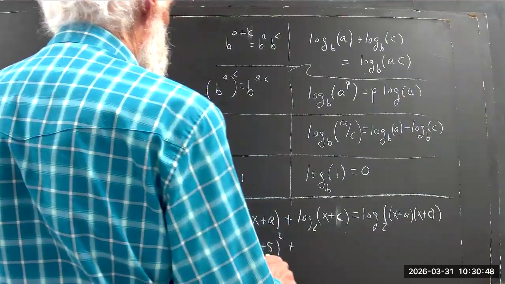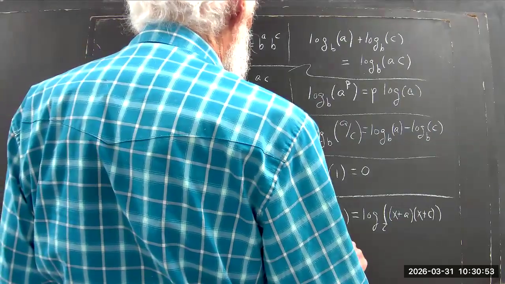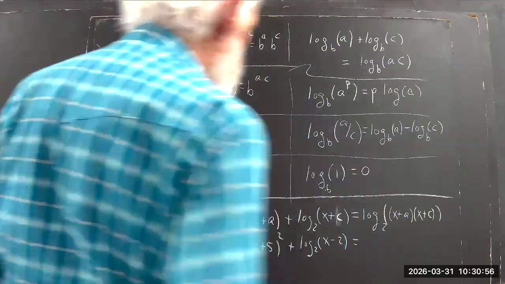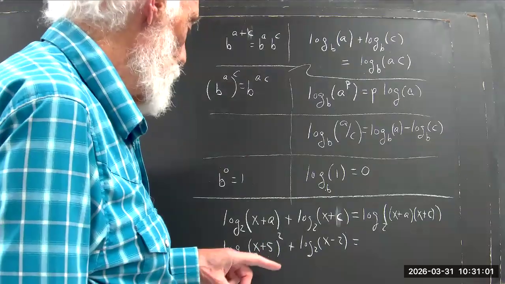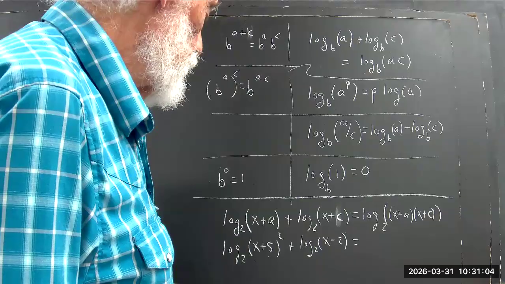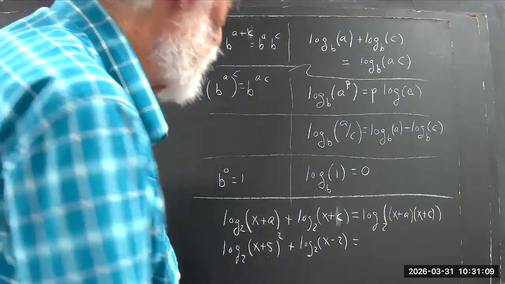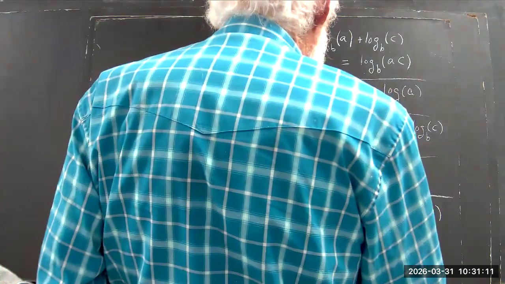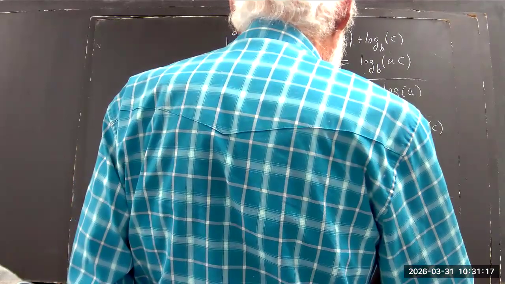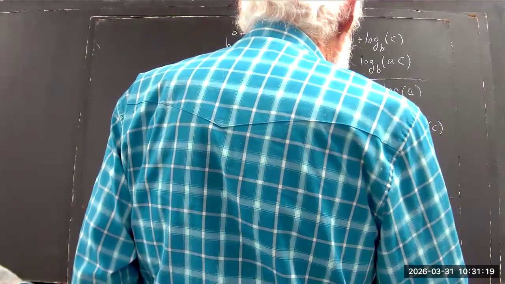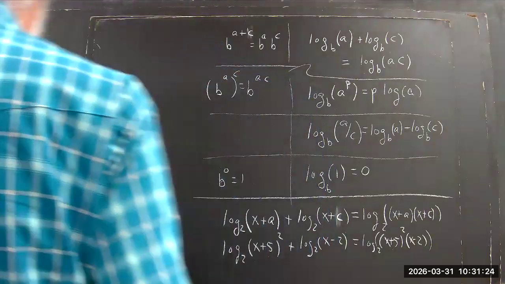What's log base 2 of x plus 5 squared plus log base 2 of x minus 2? Well, let's use the first rule. We get the log base 2 of x plus 5 squared times x minus 2.